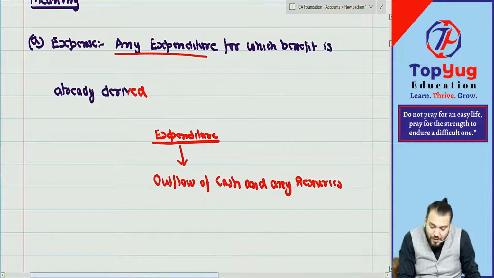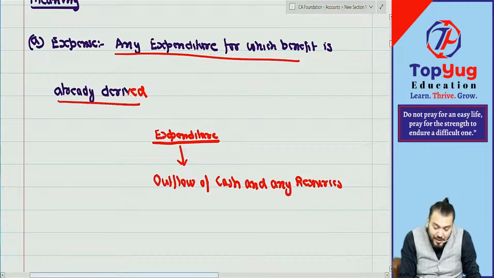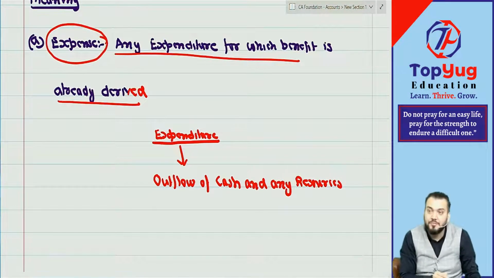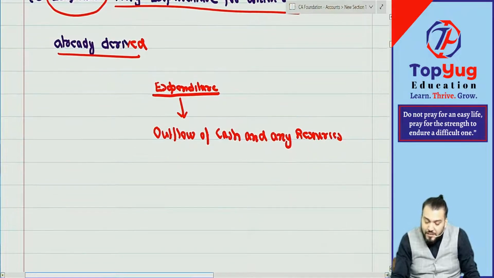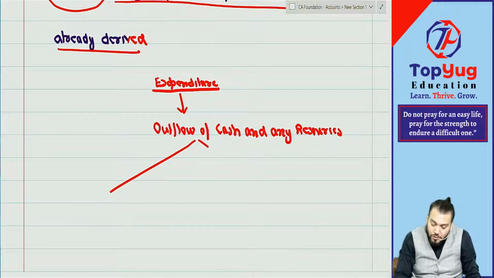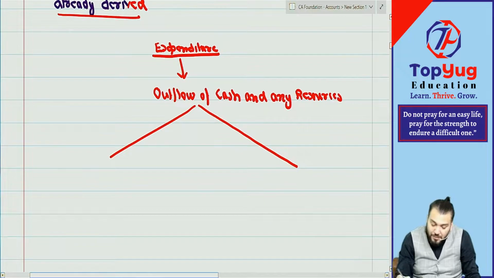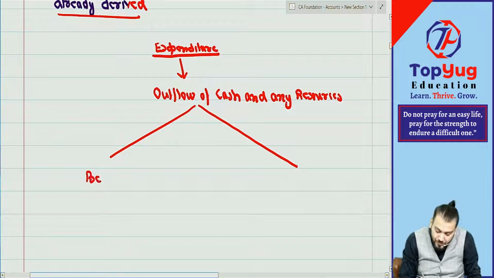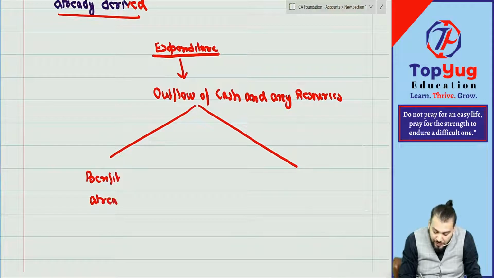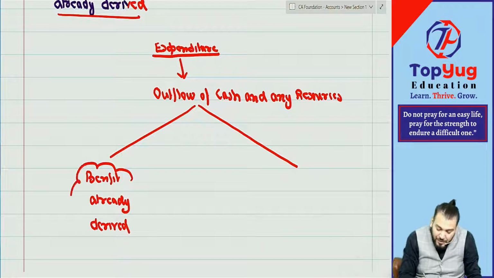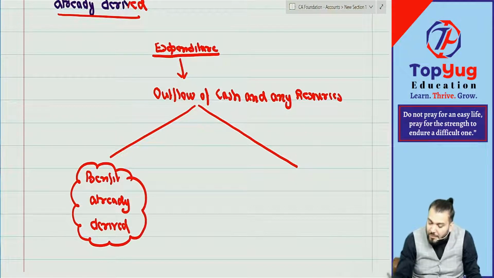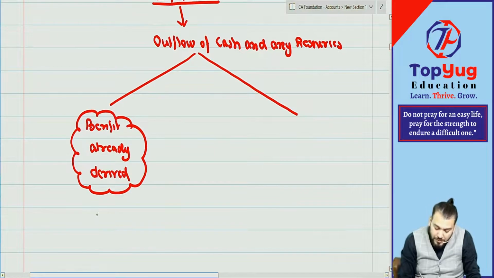Any expenditure for which the benefit is already derived becomes an expense. Whenever there is an expenditure outflow, you need to first find out whether the benefit is already derived. If the benefit is already derived, then it becomes an expense.